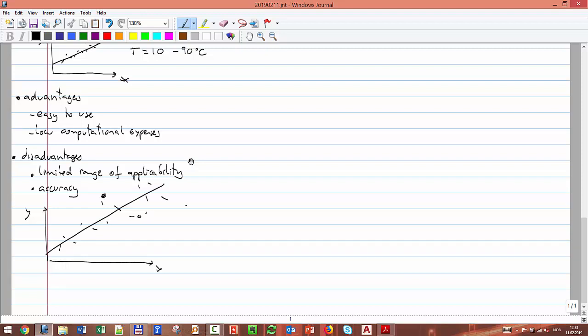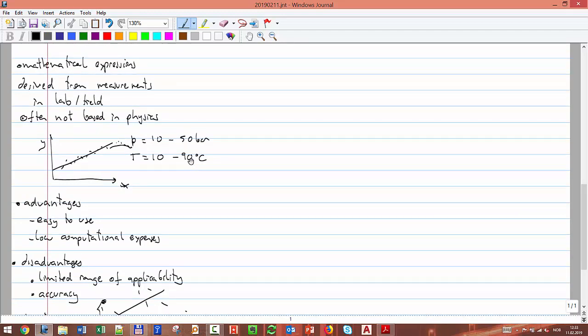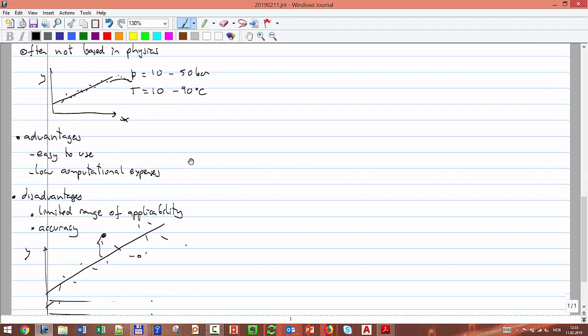I tried to make an approximation, but actually there was some significant deviation between that expression and the measured value. So if you use it for your particular case, you should also take that into account. Usually correlations have some sort of accuracy. They take 3%, 10%, 20%, depending on the case.